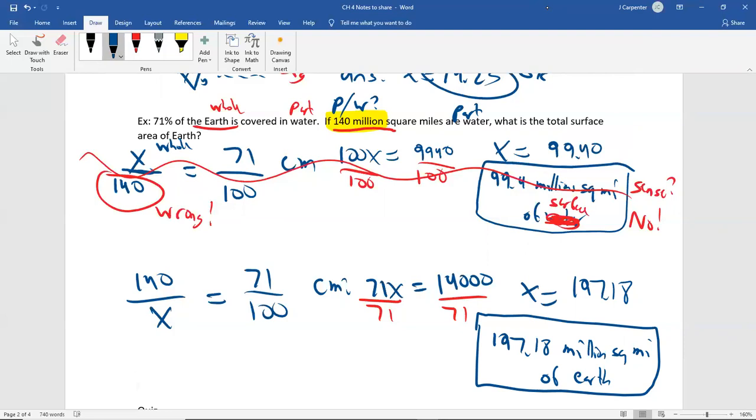So this would make sense. 140 is about 70% of 197. But there's so many different ways you could have just gotten this answer wrong contextually. If you forget the million, if you just say there's 197.18 square miles of Earth, that's definitely not right. There's more than that many square miles just in Virginia alone. It's more than that many square miles in just Hampton Roads alone.